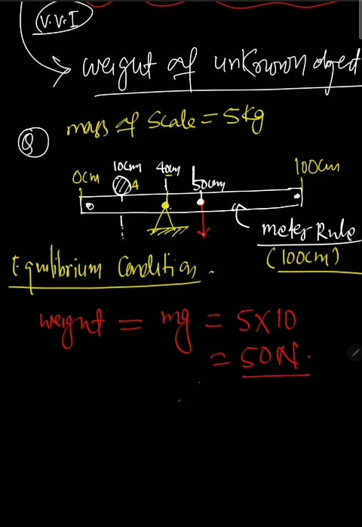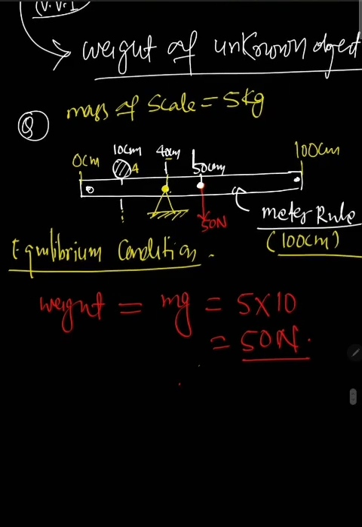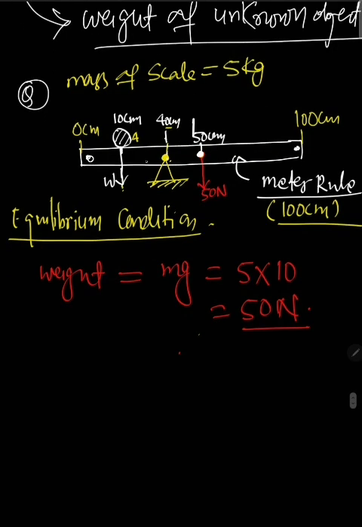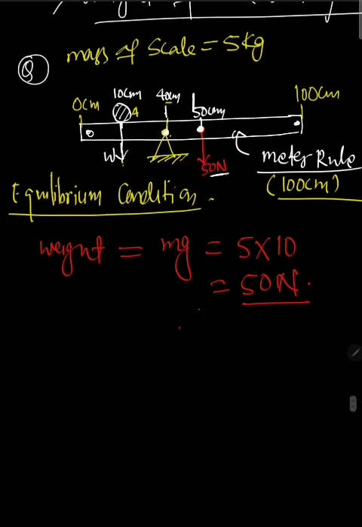So 50 Newton is the weight of this scale. We don't know the weight of this object, so consider the weight of this object as W. Now this point is our axis of rotation, so we have to take all the distances from this point. Let's find the moment of the weight of the scale and the moment of the weight of the object.